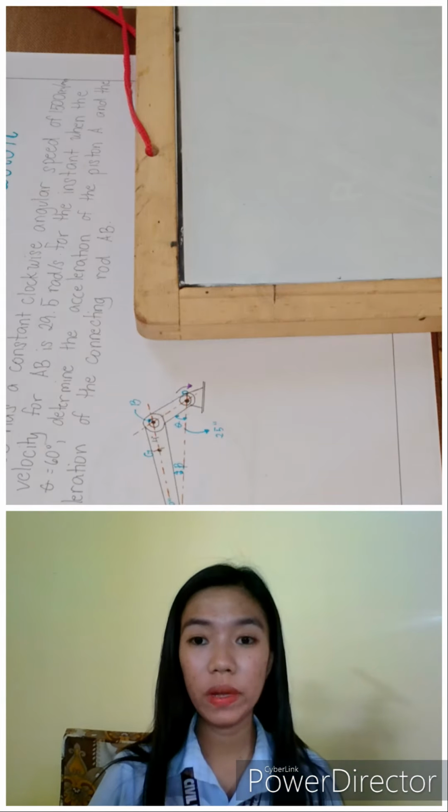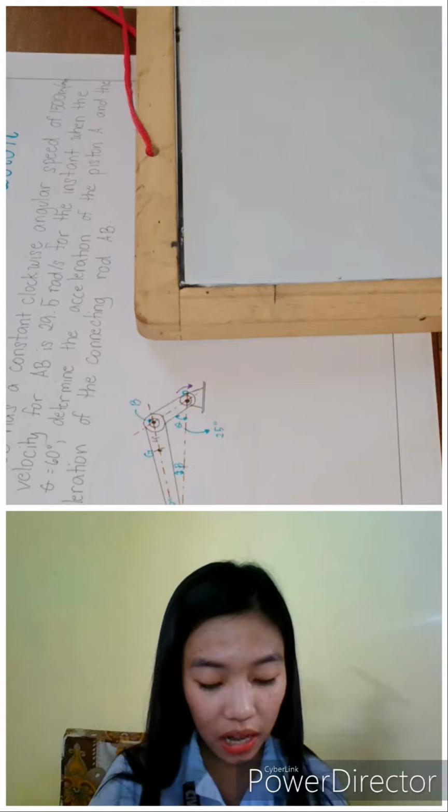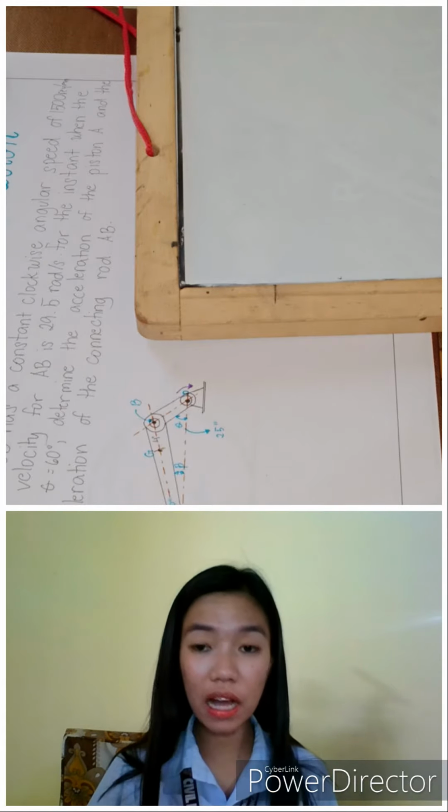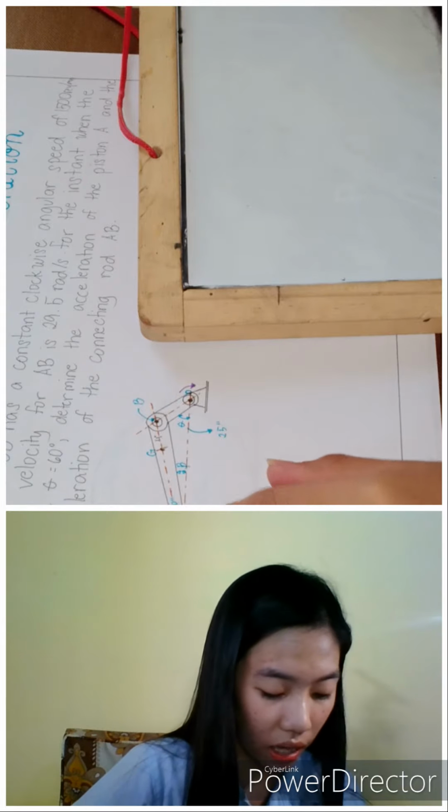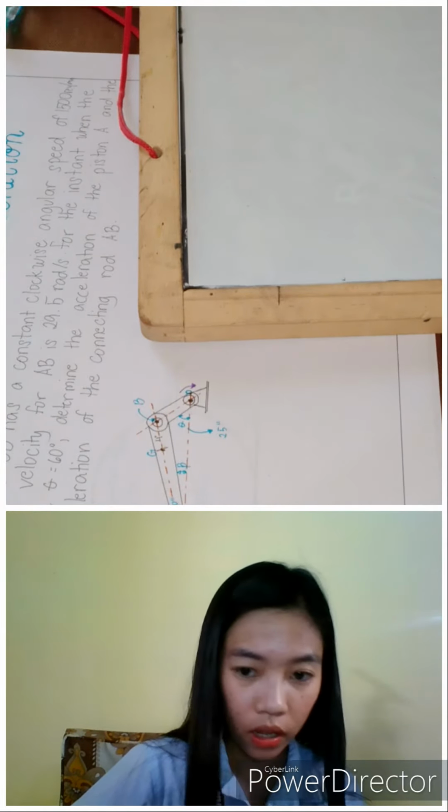So, what are the requirements in this problem? Determine the acceleration of the piston A and the angular acceleration of the connecting rod AB. So, here is the piston A, this one, and the rod AB is this one.